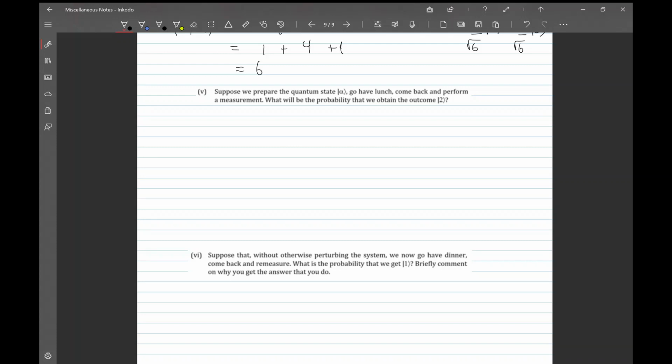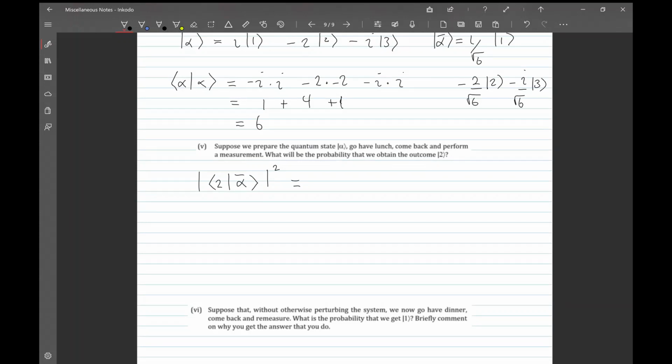That was that the probability that we measure the state 2 when we have set up our system in state alpha, or alpha bar as I have it above, is just given by this inner product, then you take the modulus, then you square it. Okay, so this is just the modulus squared of the coefficient of 2, which is 2 on root 6, which is 4 on 6. Okay, so that is the probability that when we measure our system, we obtain the outcome 2.